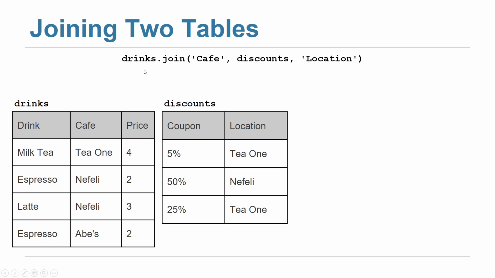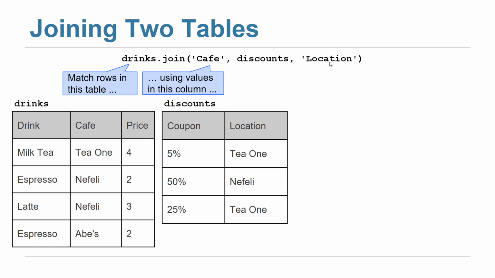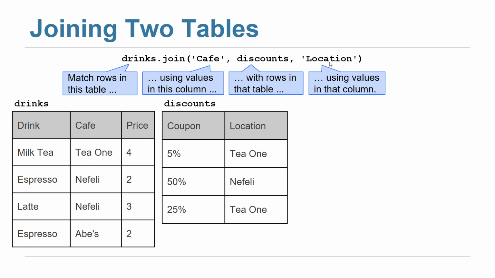So when we join these 2 tables, we call join on one of them, which is drinks here. We specify the common variable, which is cafe, and then we specify the other table and the column in the other table. Okay, so that's the rows in that table. We'll match them, values of that column with the rows in that table using values in that column.